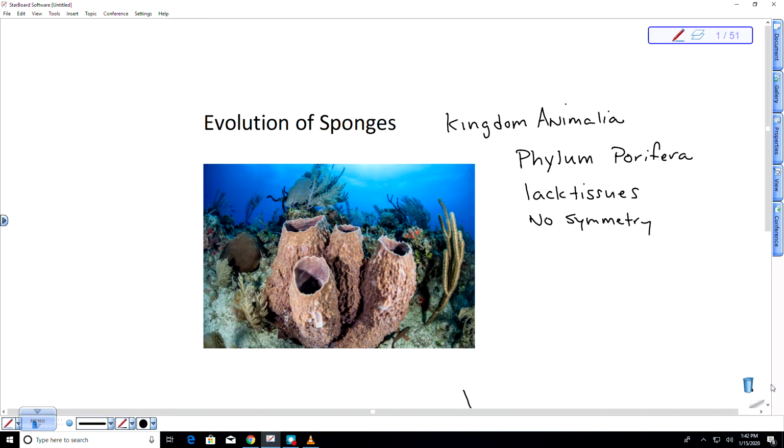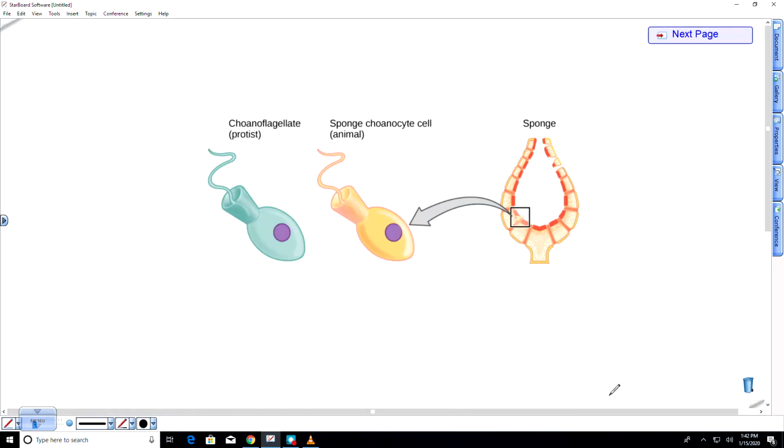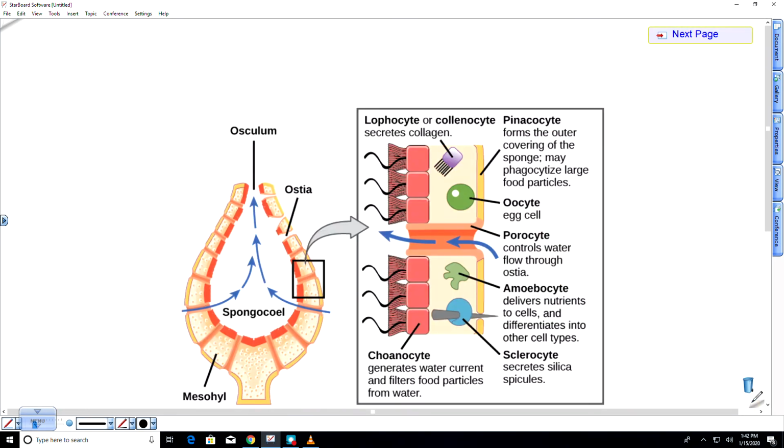When we talk about cell specialization, we can talk about the different types of cells that are found in the sponge. We have collar cells, which are called choanocytes.